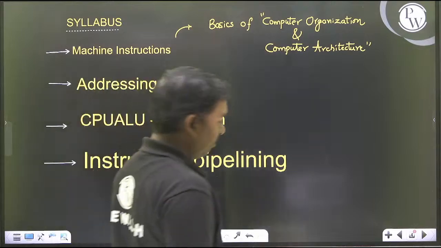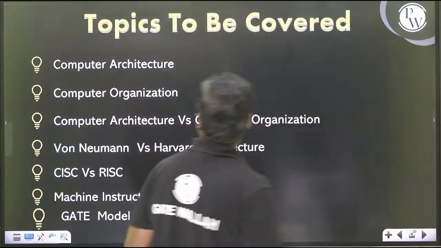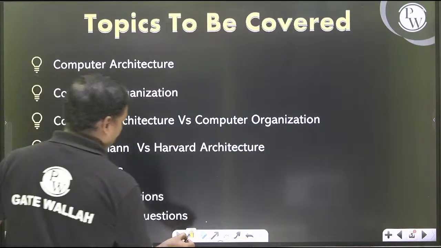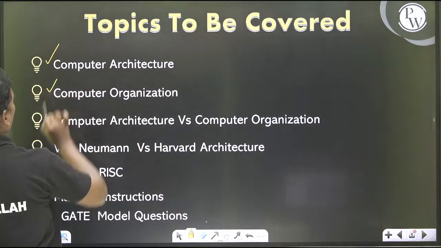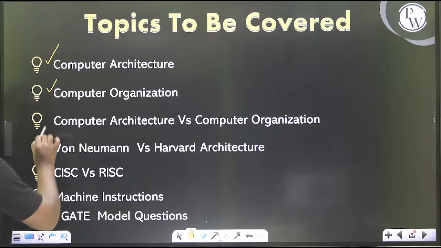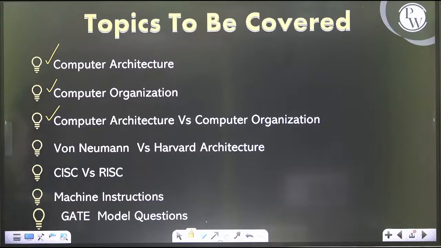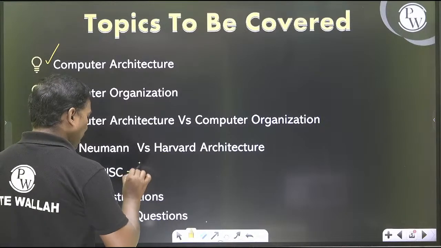Yeah, good morning. So now if you see the topics today, I want to discuss, first of all, what is the basics of computer architecture, computer organization, the difference between computer architecture versus computer organization, next von Neumann architecture and Harvard architecture, CISC and RISC. What is CISC? I think all of you have an idea.